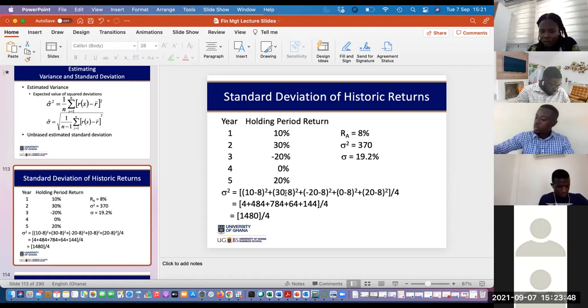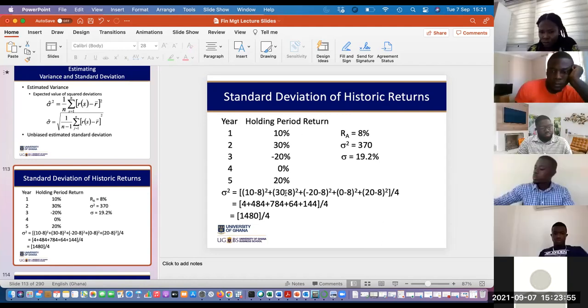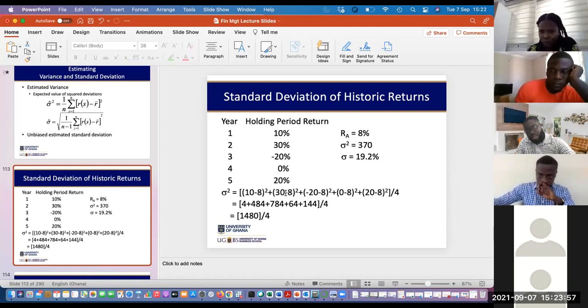Why? Because there's a higher likelihood that the returns will be very different from what you expect. Am I making sense?